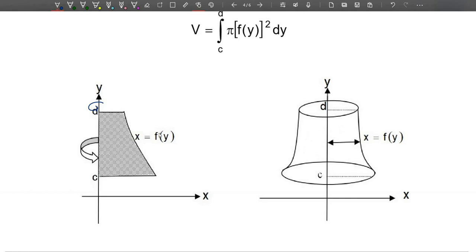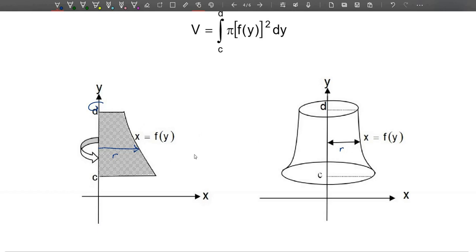The same goes here: we drag from the axis of rotation, the line of rotation, to the farthest point of the region bounded. This would be your radius R. As you can see here, this is your R, and the R is actually horizontal.